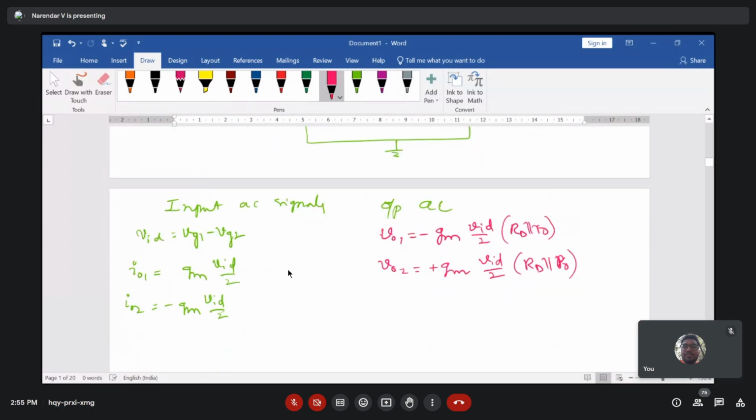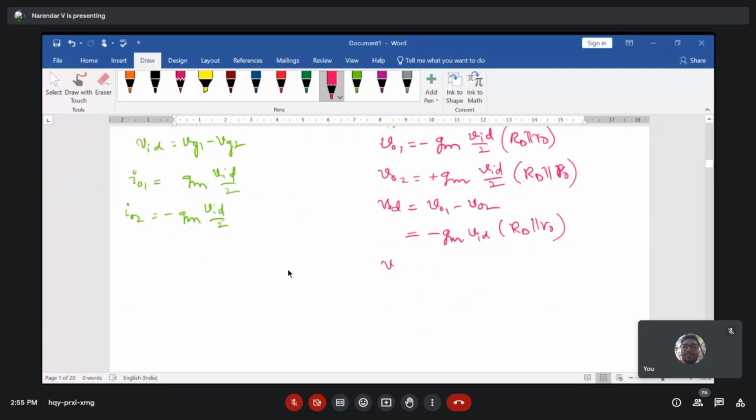Now, if you take the differential output VOD, which is V01 minus V02, it results in minus GM times VID into RD parallel with R0.